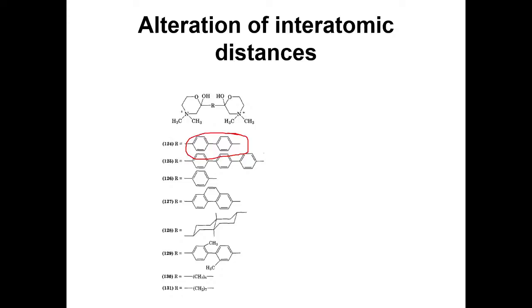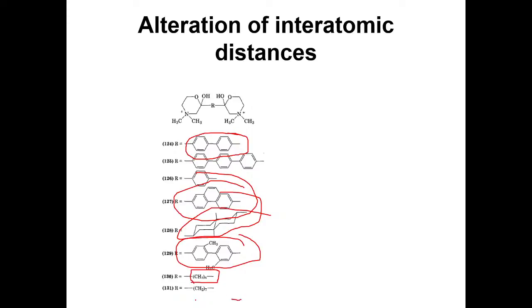Here you can add benzene rings, a phenanthrene ring or naphthalene ring, or substituted benzene rings, or you can introduce an alkyl chain, alkene chain or alkyne chain between the molecules, and study whether increasing the distances between two atoms or two rings can help the activity or its physicochemical property.